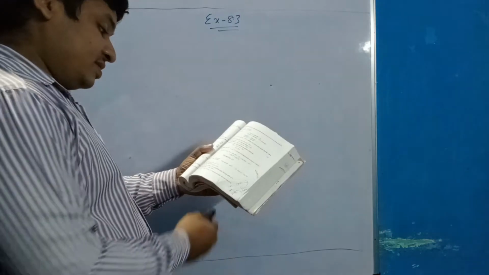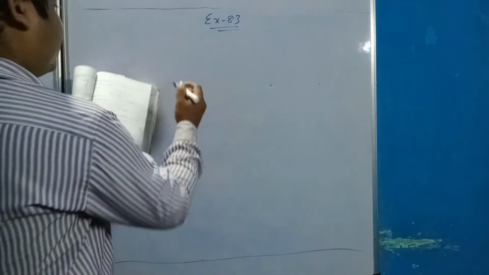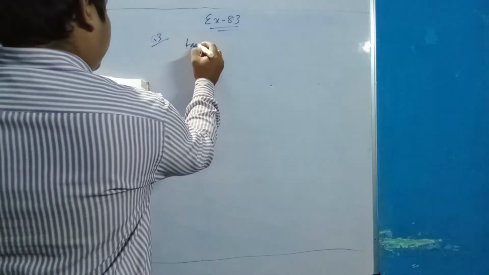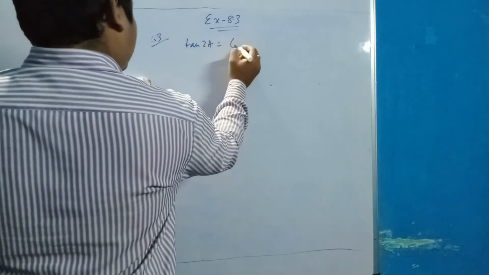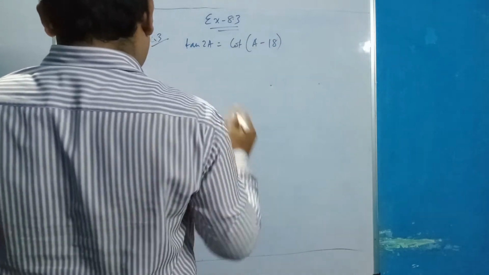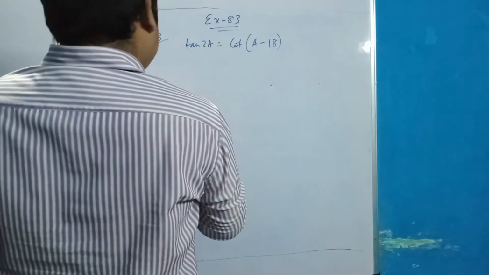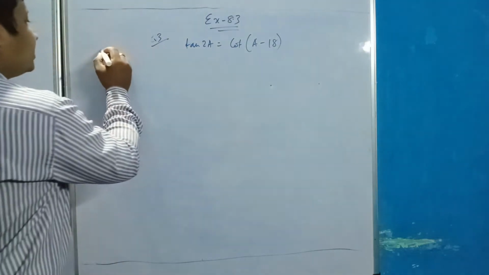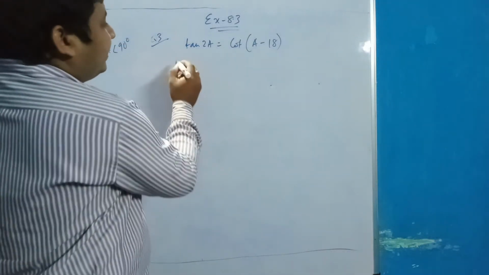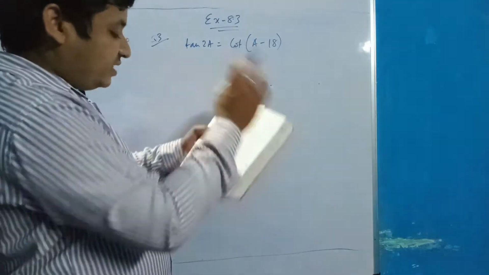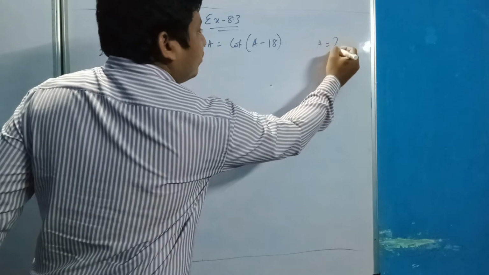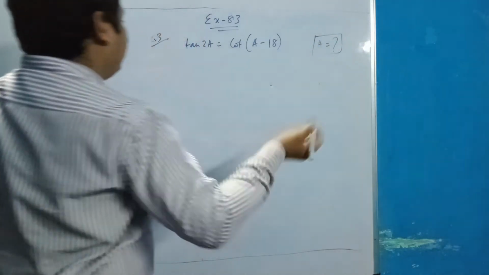Here it is given tan 2A equals cot(A minus 18), where 2A is an acute angle. Acute angle means 2A is less than 90 degree. It is asking to find the value of A. Now we can find the value of A.